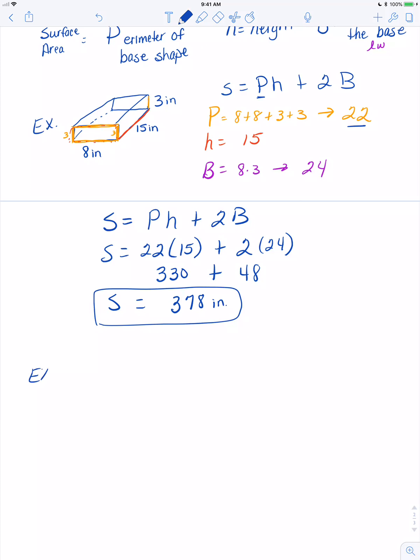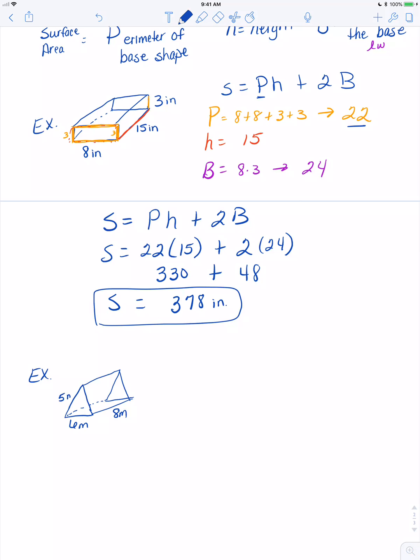Okay, let's try maybe a triangular prism. Let's see if we can do one of those. All right, let me get some figures here. Let's say this is 6 meters. This is 8 meters.